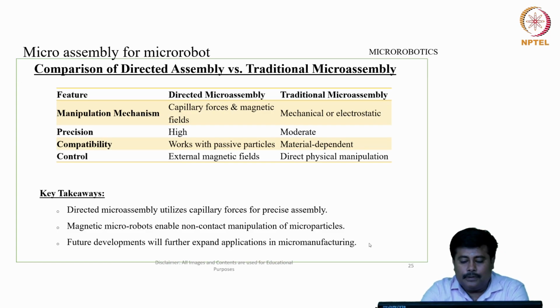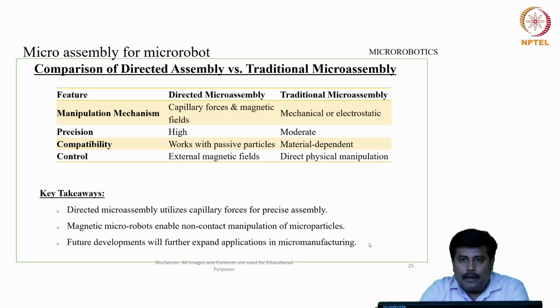From a compatibility point of view, it works with passive particles, whereas traditional assembly is material dependent. From a control point of view, we can control direct microassembly with an external magnetic field, whereas traditional microassembly is a direct physical manipulation.